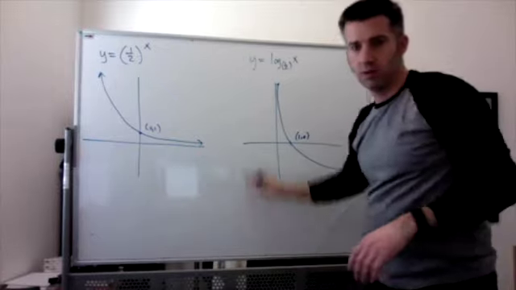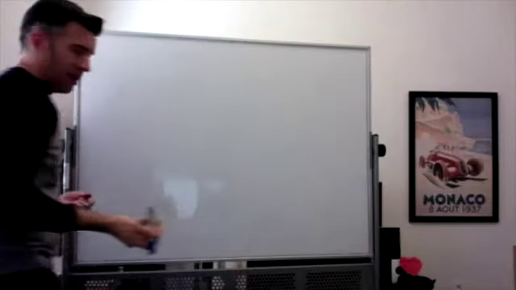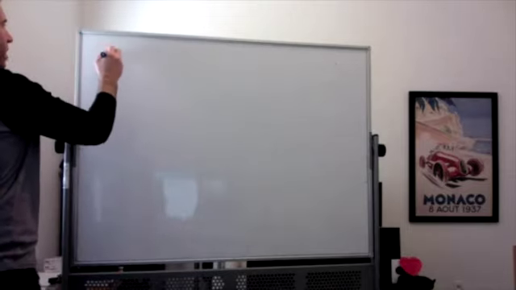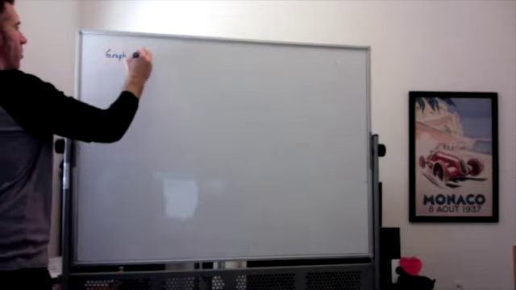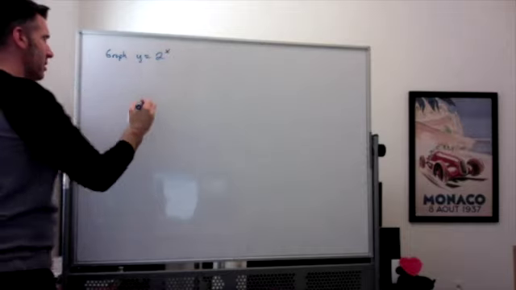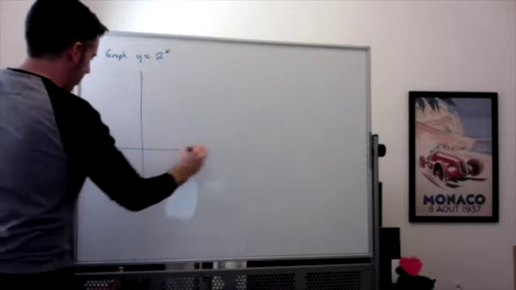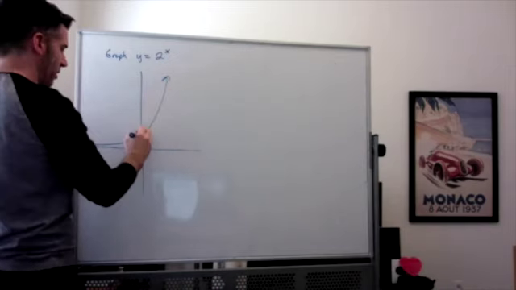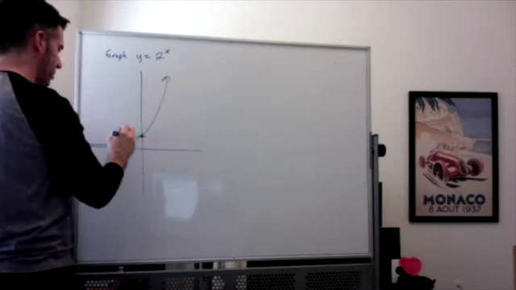So again, you can be as precise or imprecise as you want. For example, if I wanted to graph y equal 2 to the x, depending on how you're feeling, you can say, okay, there's my point 0, 1.